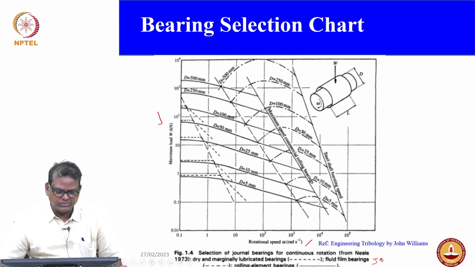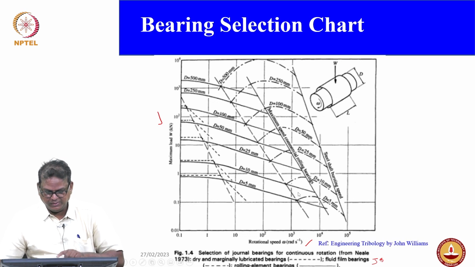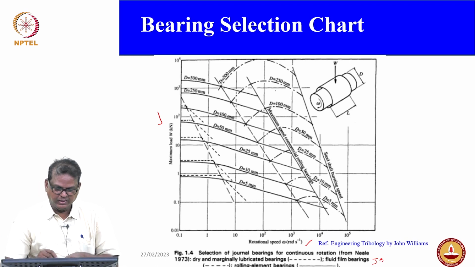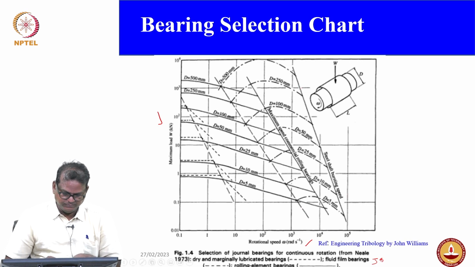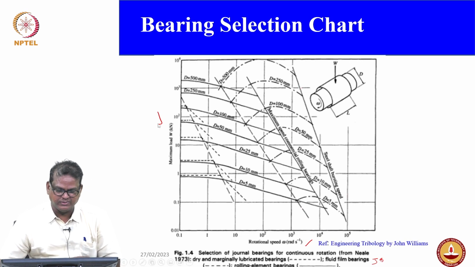The moment you have medium speed and medium load, you can have a fluid film bearing. You can see this is the scale; in this region you can go for rolling element bearings. The moment you go for higher speed and higher load capacity, you can go for the journal bearing.